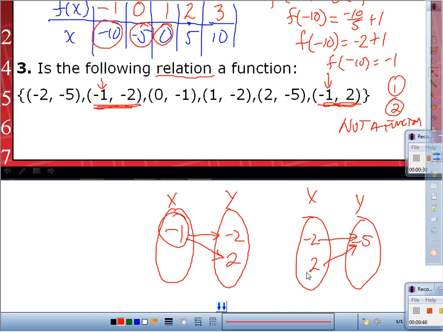Does this have exactly one output? Yes. This is a function. If we didn't have these points right here, this is a function, yes. Why is this not a function? Because for one input, there's how many outputs? 2. This one input has how many outputs? 1. This one input has how many outputs? 1. So this is a function. Talk it over with the neighbor and let them know the difference between this one and that one.